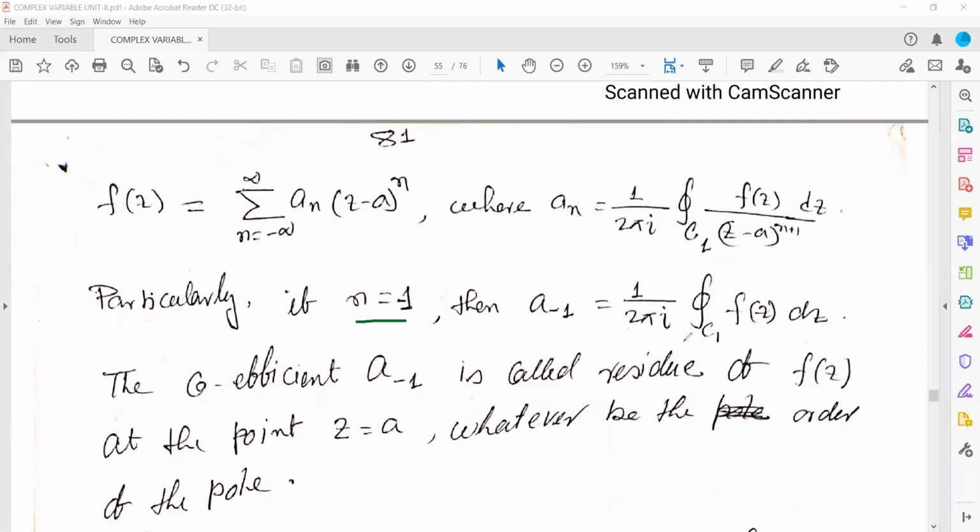So it will be f(z) dz. This you must know: a_minus 1 is equal to 1 upon 2 pi i, line integral over the circle C1, f(z) dz.